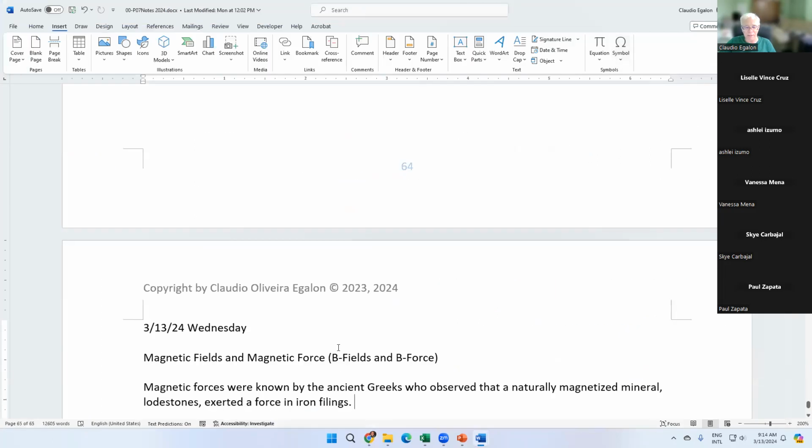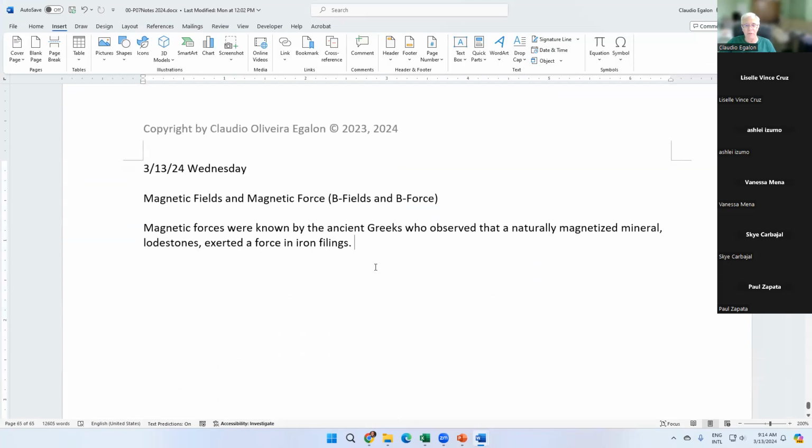What really matters, right? Magnetic forces were known by the ancient Greeks, who observed that the naturally magnetized mineral lodestone exerted a force on iron filings.